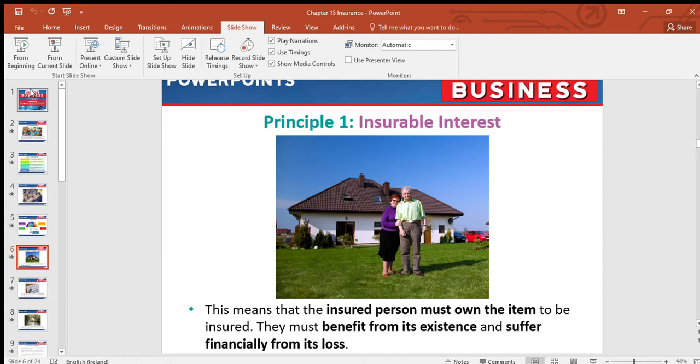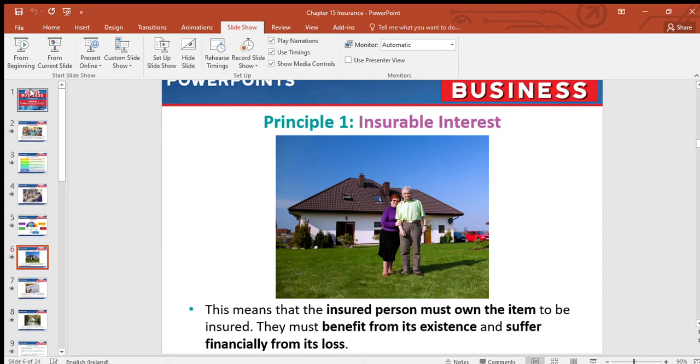So I have lost out, financially, from the fire. But because it didn't destroy my house, I can't insure against somebody else's house catching fire. Technically, will I lose money? Yes, but the insurance can't cover you for somebody else's property.